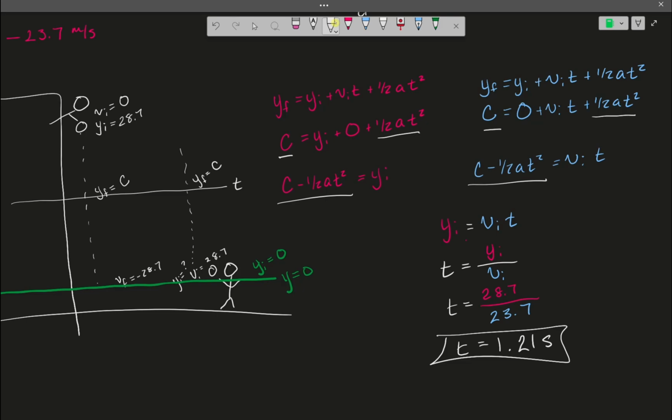So I'm actually going to take this and plug it into this equation and see what I get for y final, and then I am going to plug it into this equation and see what I get for y final.